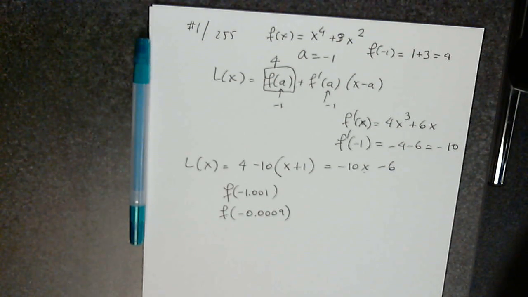So now go to second and table. And let's punch in -1. Let's punch in -0.009.